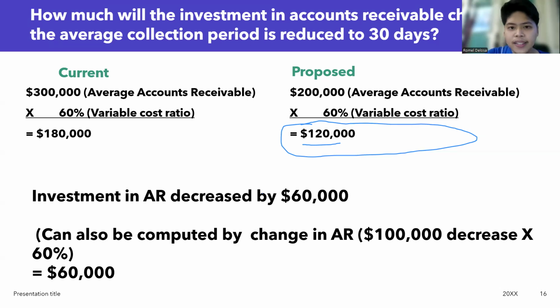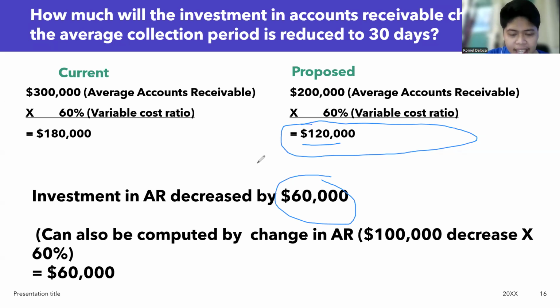Okay. Ano yung nangyari sa investment in AR? Investment in AR decreased by $60,000. What does this imply? Ang implication nito guys is, etong 60,000 na to, ito yung amount na free up mo because of the new credit policy.